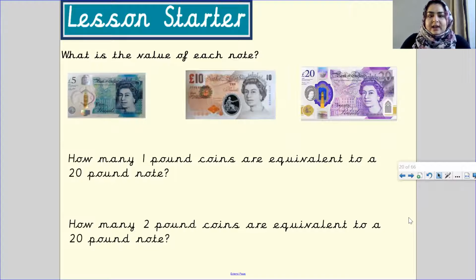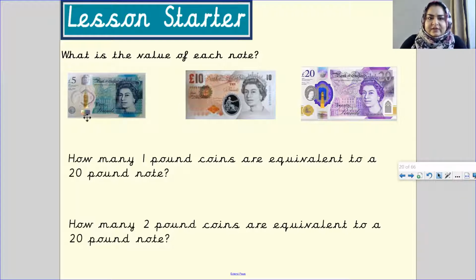Now, I would like you to have a look at these three notes. Can you think with your thinking caps on what the value of each of these notes is? Fantastic.